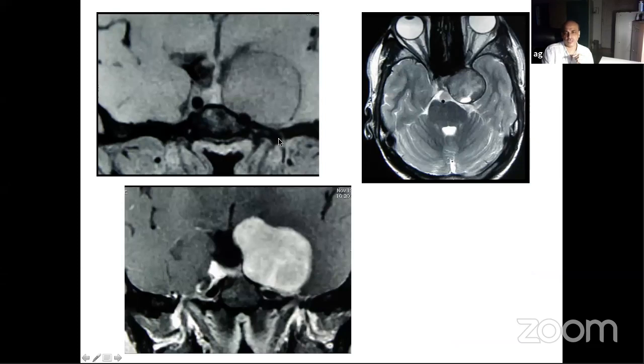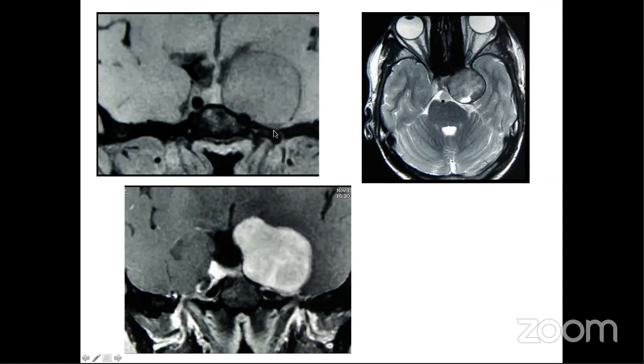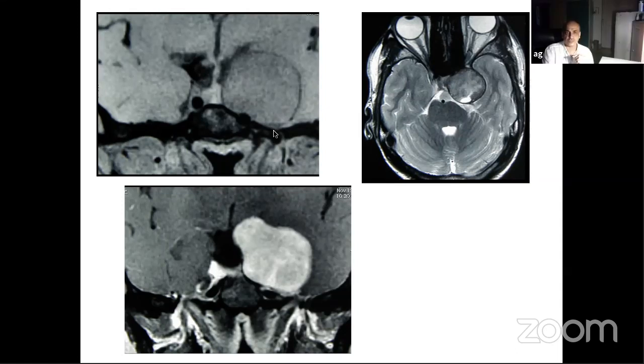I am not saying that you can preserve the eye functions in all the cases, but if you think that this is the capsule of the tumor, you will never be able to preserve the eye movements. Work within the tumor confines, the dural confines, and try to avoid any kind of coagulation within the tumor, and you can preserve the function of the third nerve.